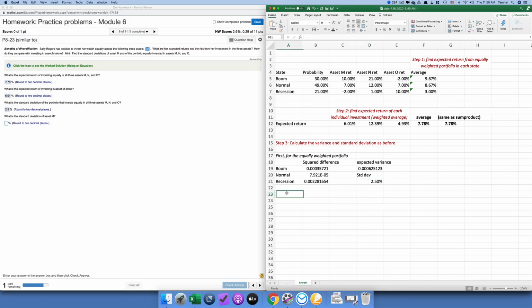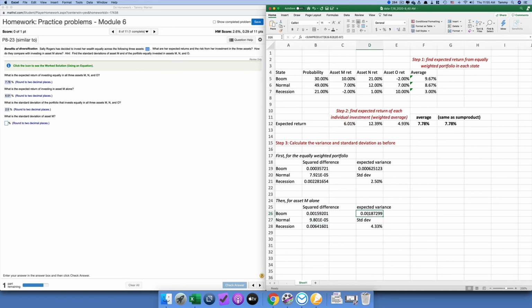Now, the next thing then, we need to go through that whole rigmarole for asset M alone, right? So again, this time you look at the difference in the expected return of asset M in a boom state minus the weighted expected return squared, and you go through that whole thing.